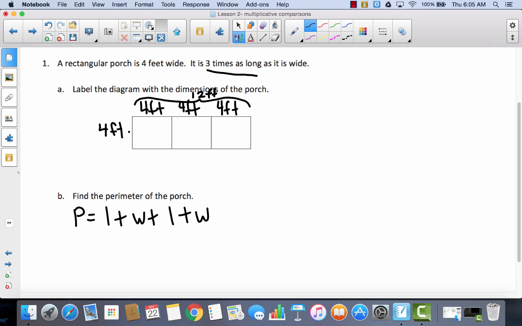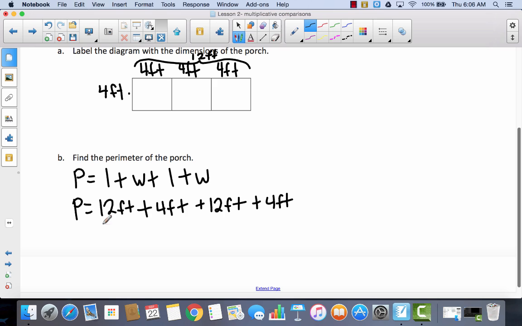So we have a length of 12 feet, a width of 4 feet, and then we have the same thing again. Well, the way I like to do this is, since this is obviously the same problem twice, I like to say, well, 12 plus 4 is 16. So 16 plus, and this is going to be 16 also, equals 32 feet. So the perimeter of the porch is 32 feet.